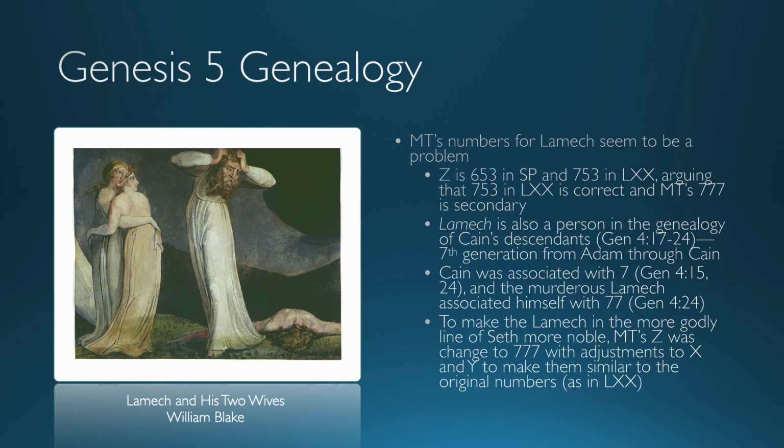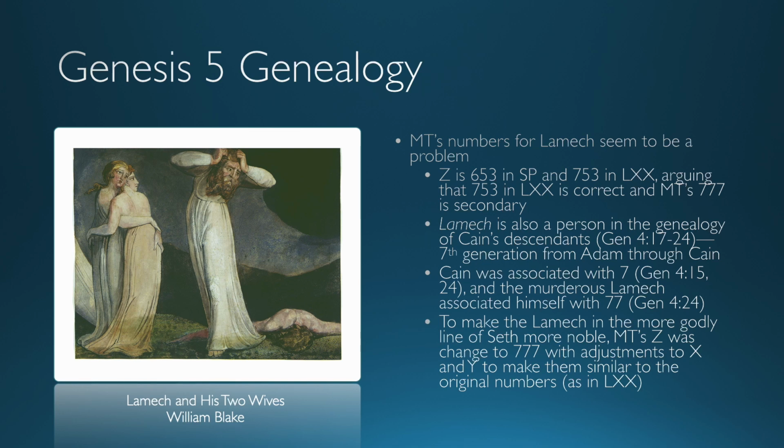There's usually a 100-year difference between these two, and usually the Samaritan Pentateuch agrees with the Masoretic text. What's going on here? Lamech is also a person in the genealogy of Cain's descendants. There's a guy named Lamech there too, a different Lamech. He's the seventh generation from Adam through Cain. In this genealogy of Cain's descendants, Lamech is number 7.